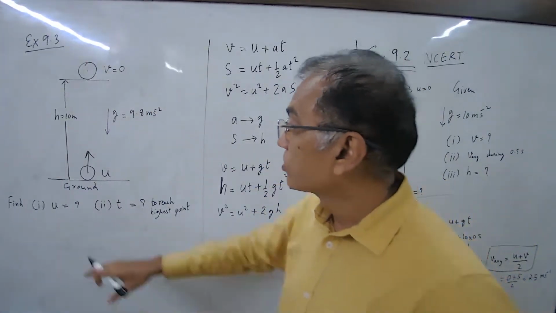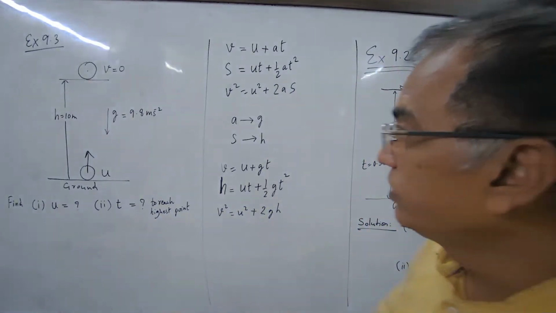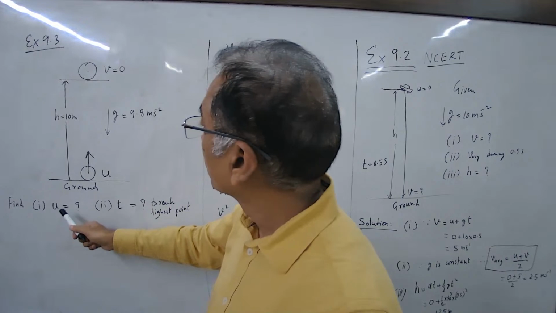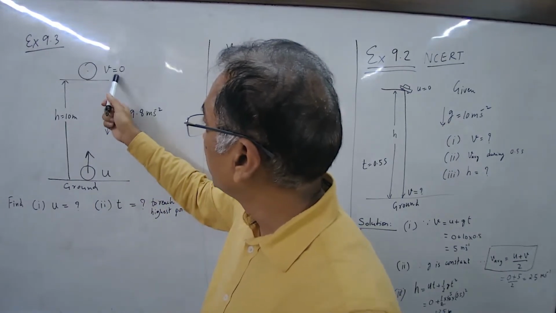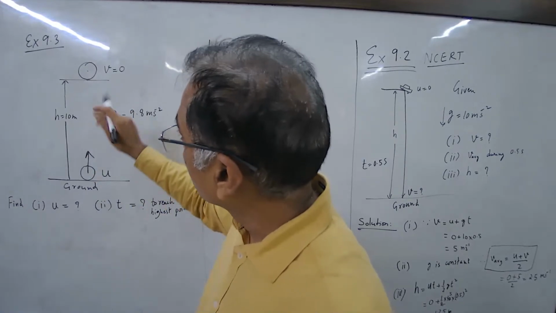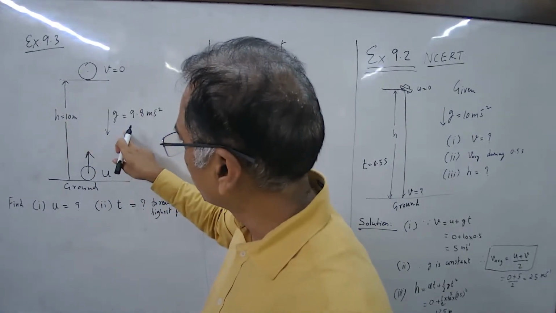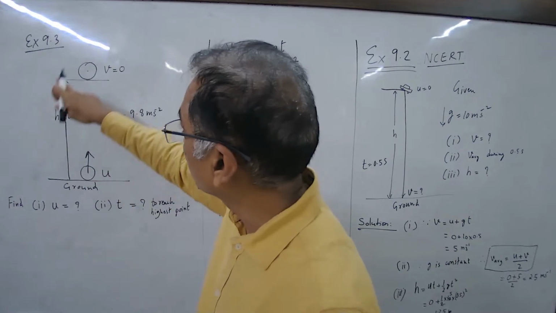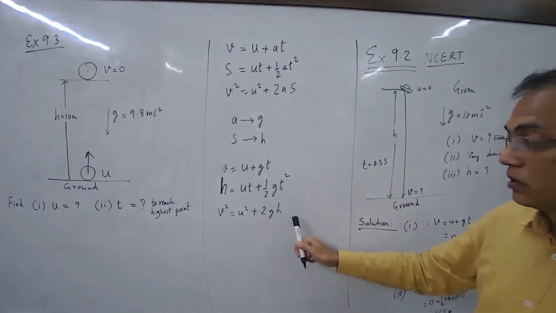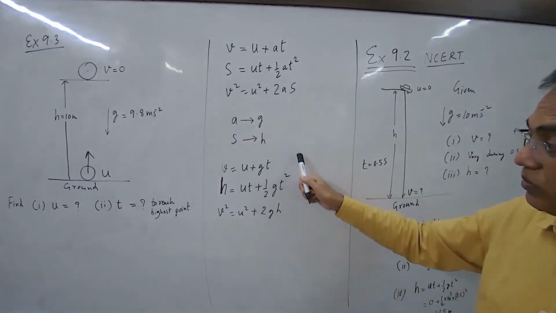Okay. So you find U. How will you find U? You know V, H and G, and U you have to find. So what is the equation which relates all this? First two involve time.